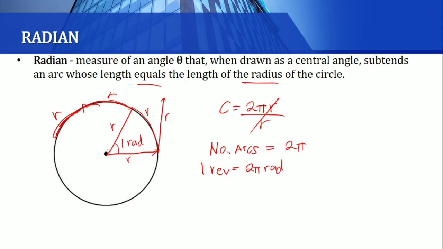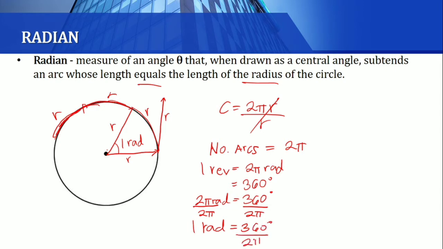And sabi natin, yung isang revolution din, that is equal to 360 degrees. So, 2 pi radians is equal to 360 degrees. And kapag dinivide natin both sides ng 2 pi, 1 radian is equal to 360 degrees divided by 2 pi.